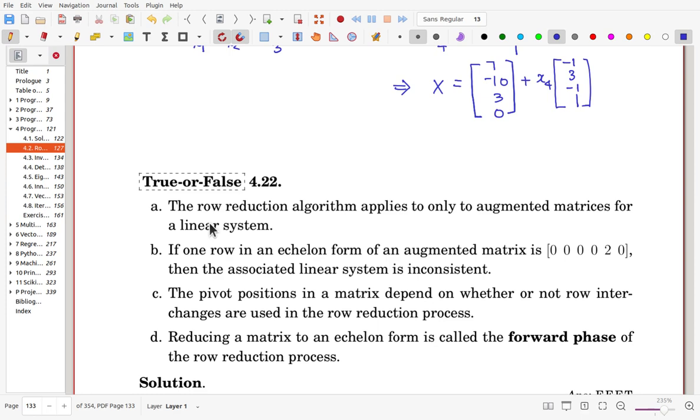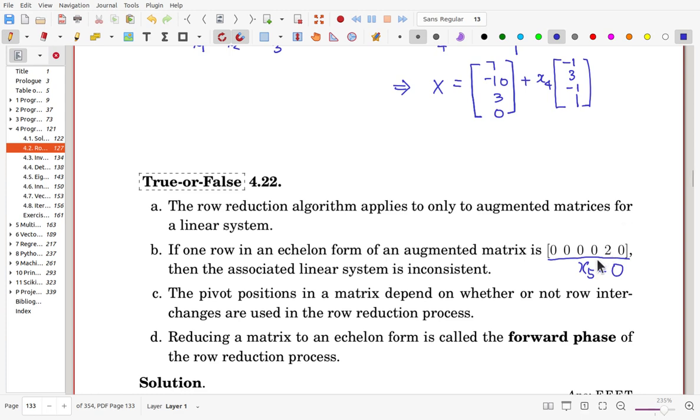Okay. If one row in an echelon form of an augmented matrix is given here, then the associated linear system is inconsistent, which means it has no solution. But this row means that 1, 2, 3, 4, 5, here x5 equals 0. This line means x5 is 0, but it doesn't mean that there is no solution.